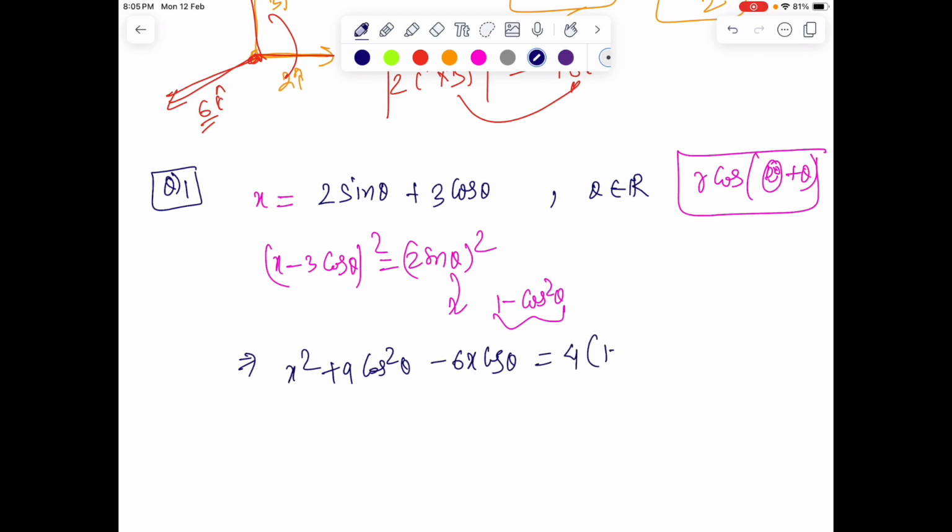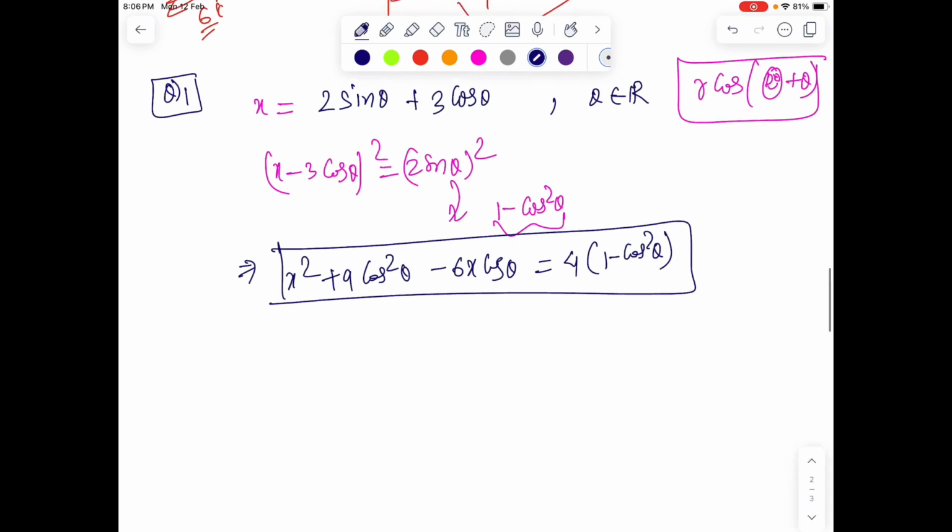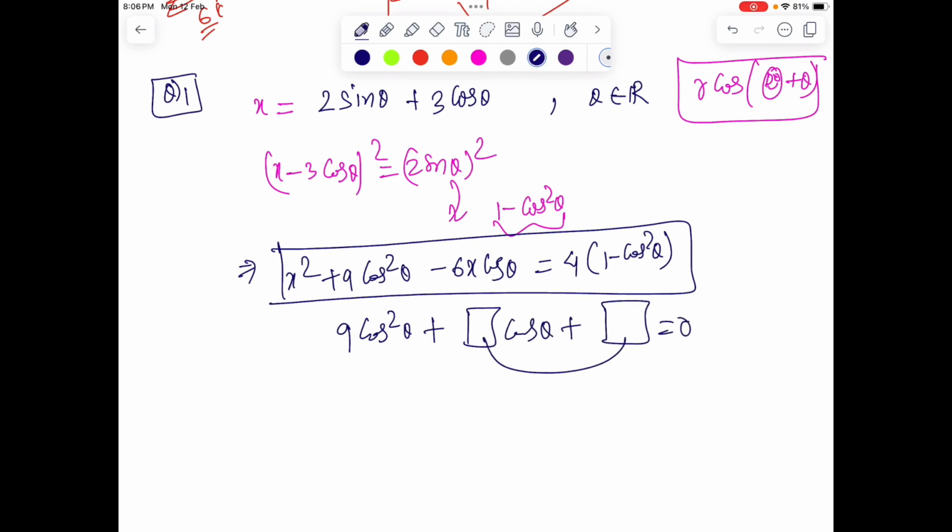So now we'll get a quadratic which is x square plus 9 cos square theta minus 6x cos theta equals 4 into 1 minus cos square theta. Of course I'll not do this calculation because these are alternative methods of doing this. And you know this is a quadratic in cos theta, so cos square theta plus something cos theta plus something else equals 0, and that will involve x, right?